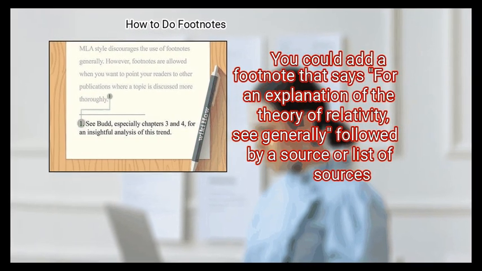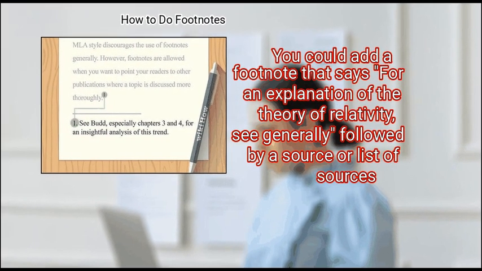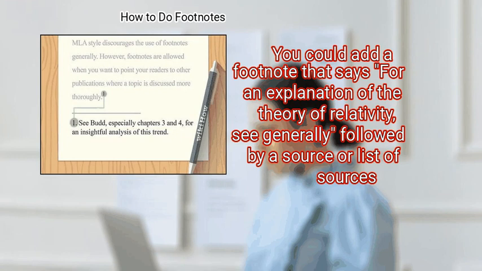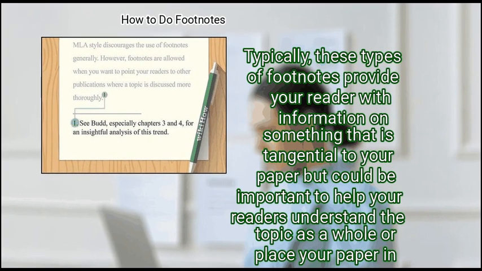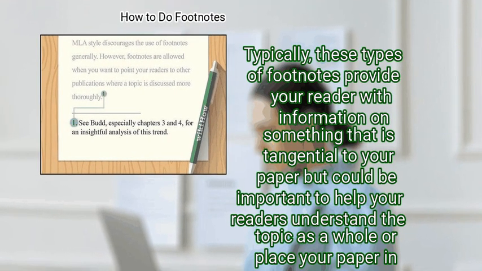You could add a footnote that says, "For an explanation of the theory of relativity, see generally," followed by a source or list of sources. Typically, these types of footnotes provide your reader with information on something that is tangential to your paper but could be important to help your readers understand the topic as a whole or place your paper in context.